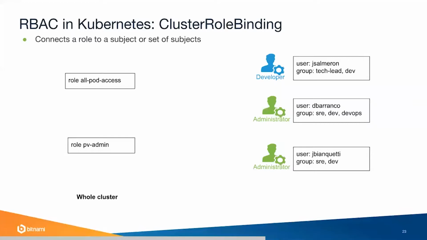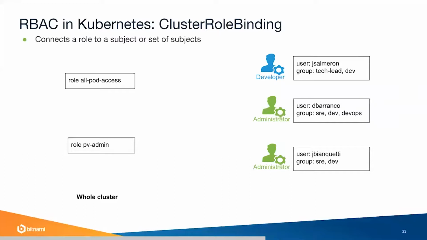So, well, logic says if we had a role and a role binding, then if we have a cluster role, yes, we also have a cluster role binding, which is once again the same. It's just taking cluster roles and binding them to a set of users, to subjects, applied to the whole cluster.